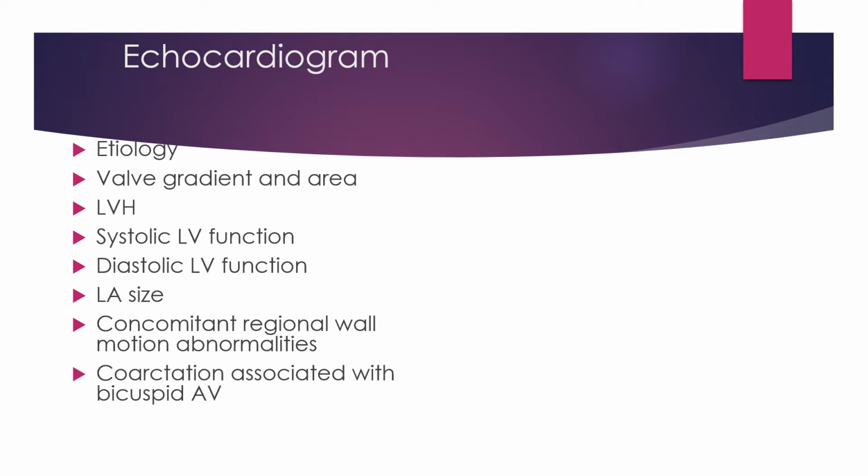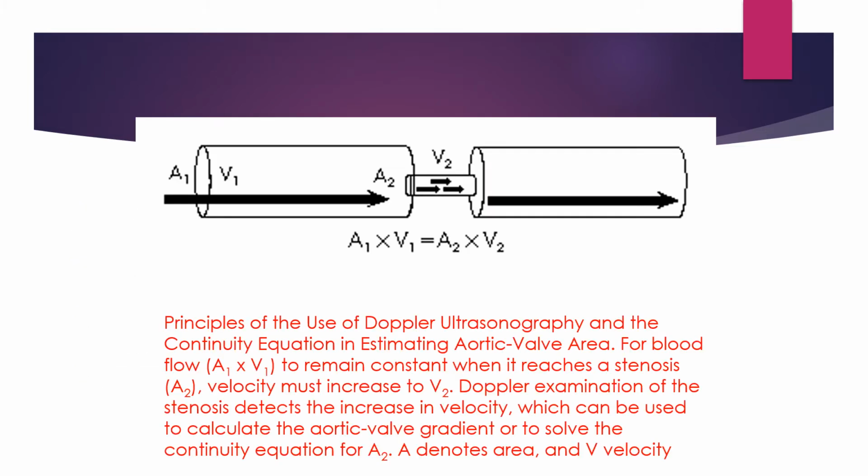Echocardiogram will tell the etiology, valve gradient and area, left ventricular function, systolic function, diastolic function, LA size, concomitant regional wall motion abnormalities, and coarctation associated with bicuspid aortic valve. Doppler ultrasonography and the continuity equation are used in estimating the aortic valve area: for blood flow, A1 times V1 must remain constant, so when it reaches the stenosis, the velocity must increase to V2.